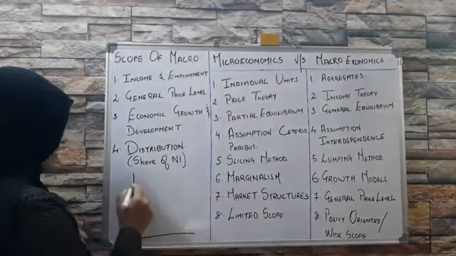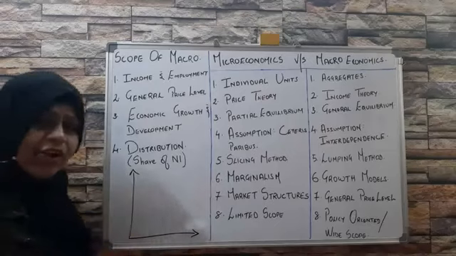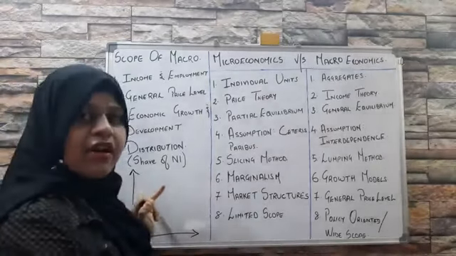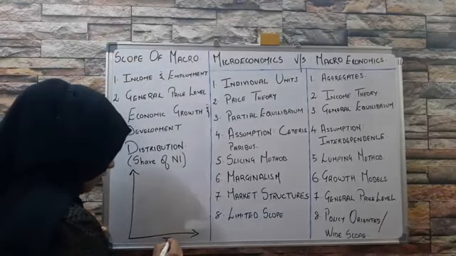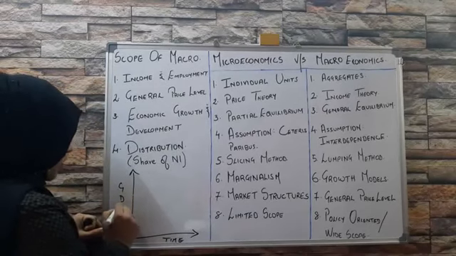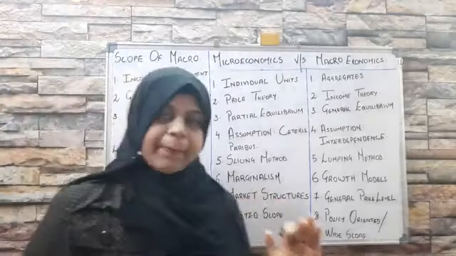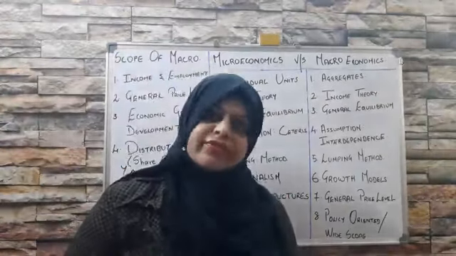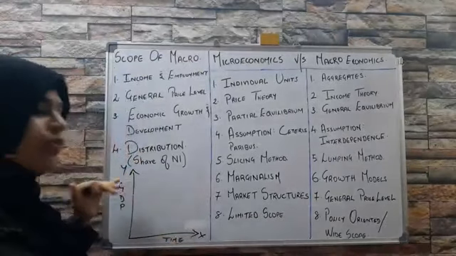Alright. The little diagram goes like this. I hope you are aware this is the y-axis and this is the x-axis. You are plotting time here, and you're plotting GDP on the y-axis. GDP changes over a period of time, and that you're going to plot on the x-axis and y-axis.